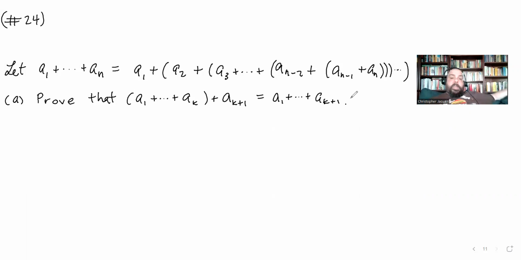All right, so we'll prove that, like I said, using something called a proof by mathematical induction. So the proof is by induction on K.